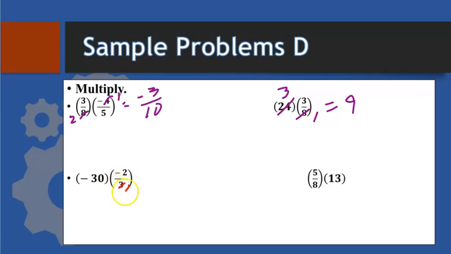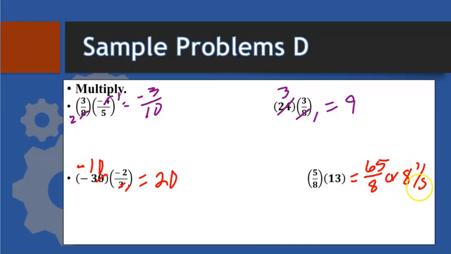Next, I divide a 3 here, divide a 3 here, gives me -10. -10 times -2 is +20. And this last one here, 5 times 13 is 65 over 8. No common factors, so I can keep it as 65/8, or I can write this as 8 1/8, because that would give us 65/8.